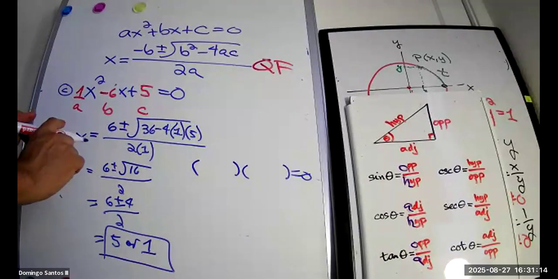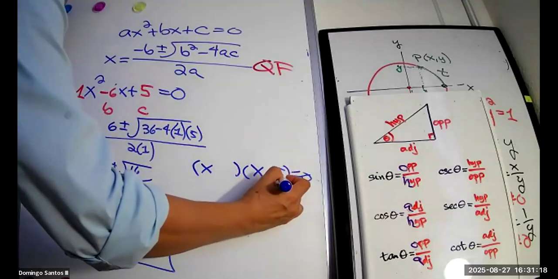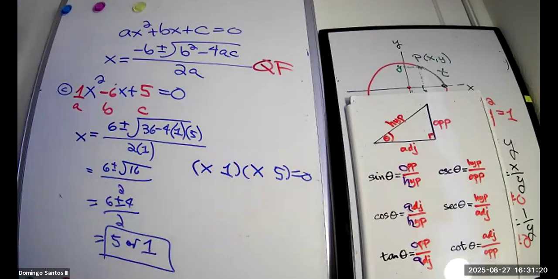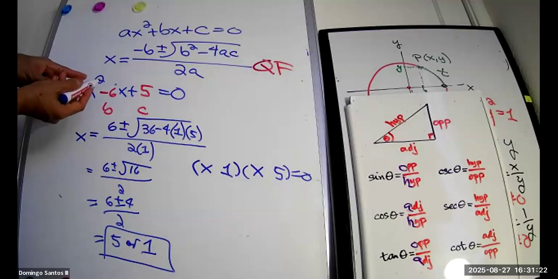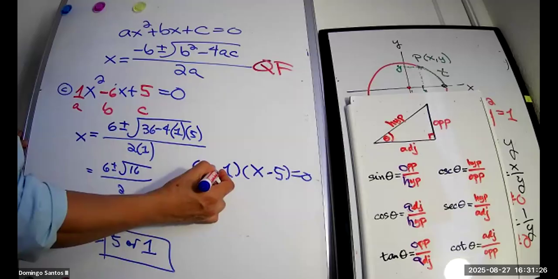So if we factor it out, this is x and 5 and 1. Since this is a negative, that's negative, negative.